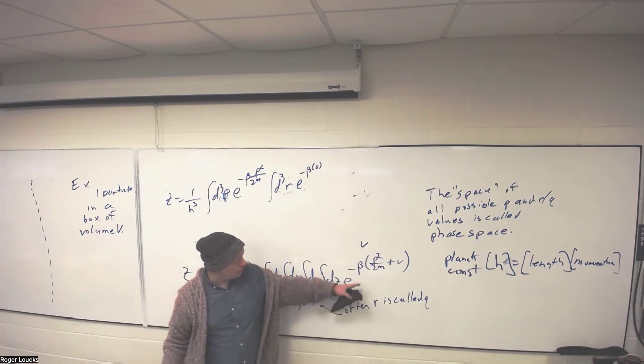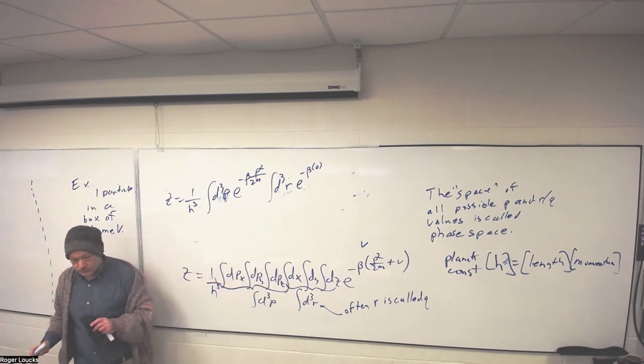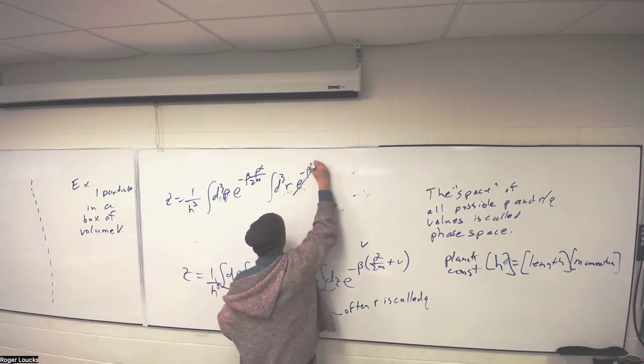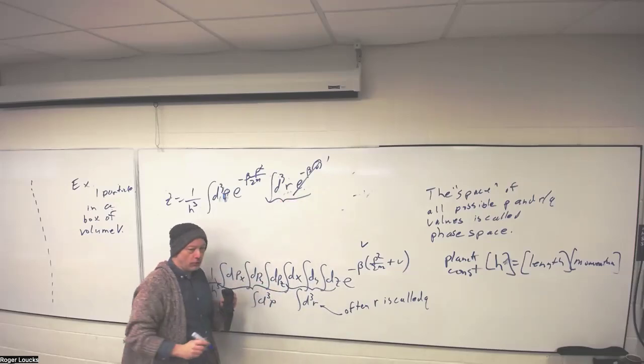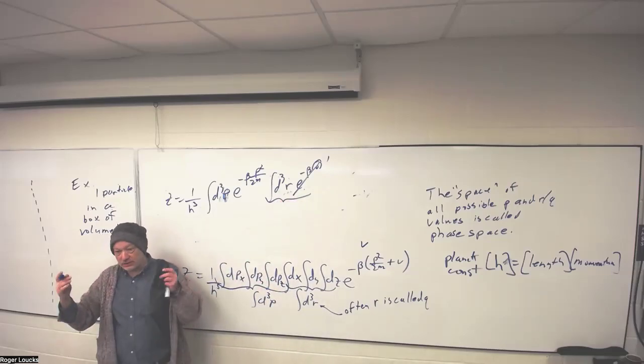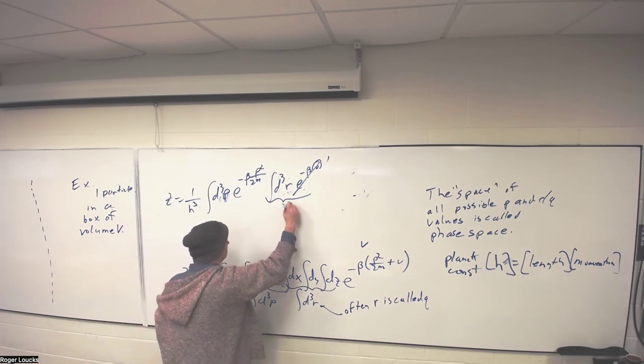So I split this up into two pieces like that. Does that make sense? What happens if I integrate d3r over all space? You get the volume. So this is just your volume.